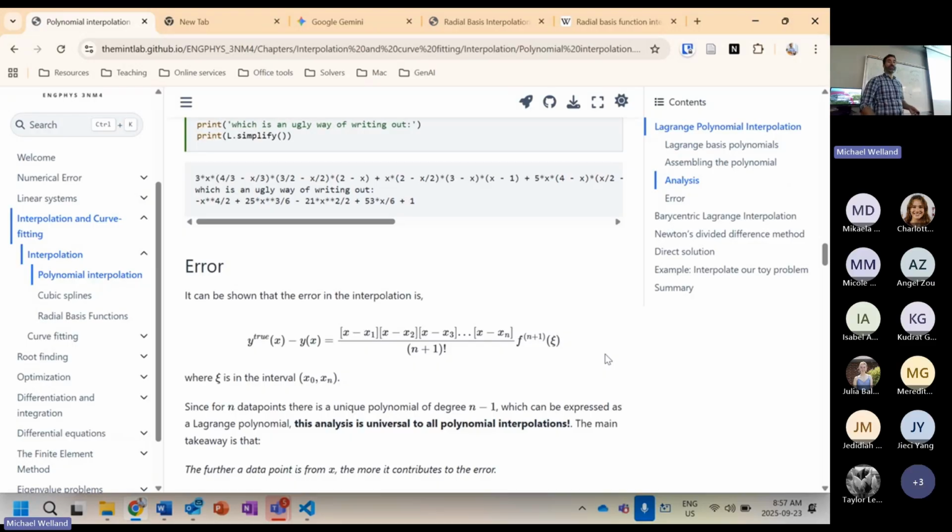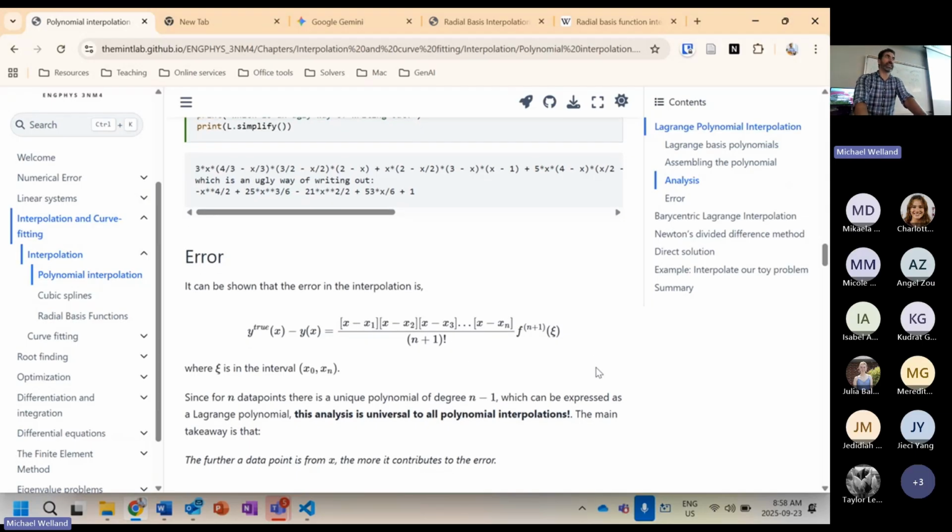It can be shown that the error in the interpolation, the y true for here, for example, is not measured. We only have 3 data points and we want to evaluate it somewhere in between. What can be shown analytically, and we're not going to cover the proof, is that this is roughly equivalent to this: the product divided by this factorial times this function.